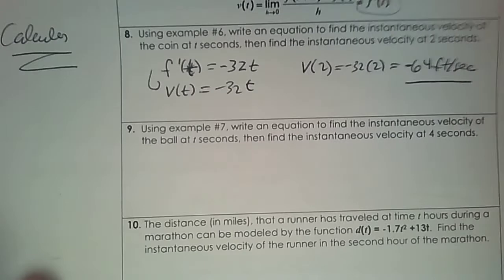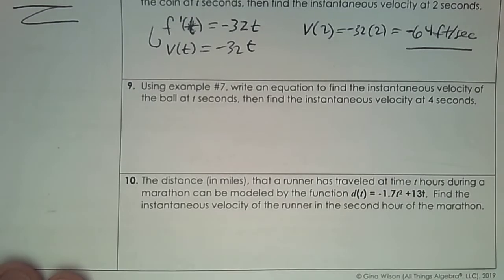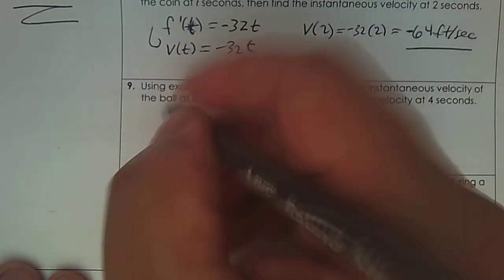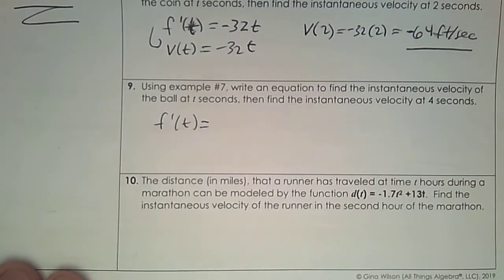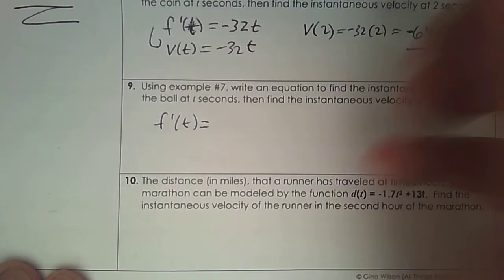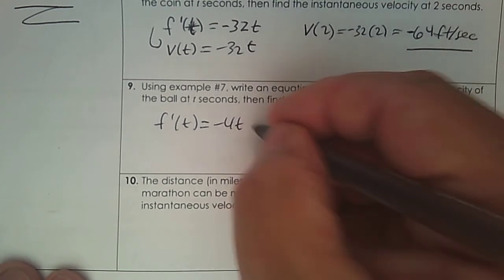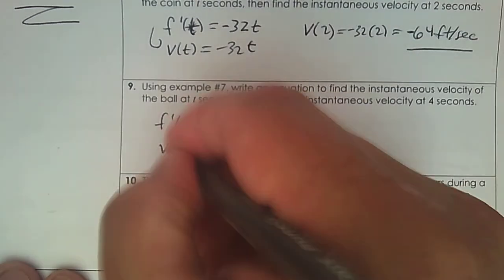Number 9, using example 7, write an equation of the IROC of the golf ball at t seconds. So we know it's the derivative there. And if I look at the equation, it would be 2 times negative 2. That's negative 4t. And then the derivative of 24t is just 24. We could also say that's the velocity and use the letter v for that.